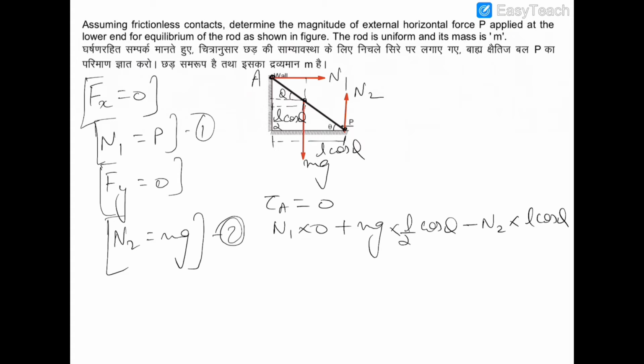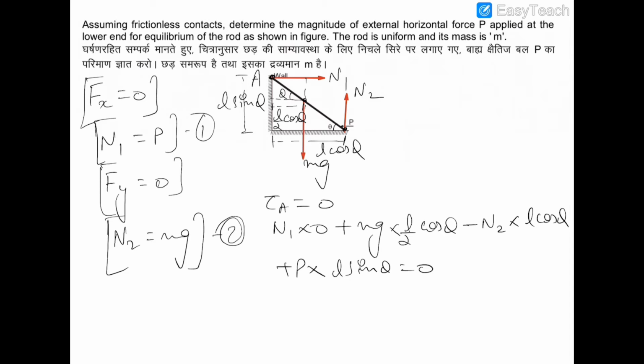And the torque of P would be in the clockwise sense, so it would be plus P into the perpendicular distance of P from A, which is L sin theta. So P into L sin theta would be equal to 0.